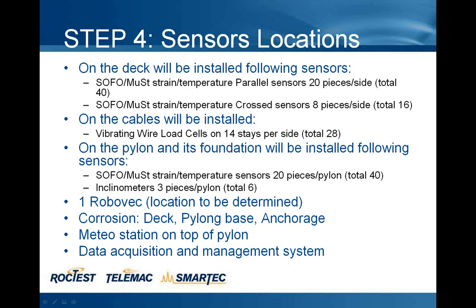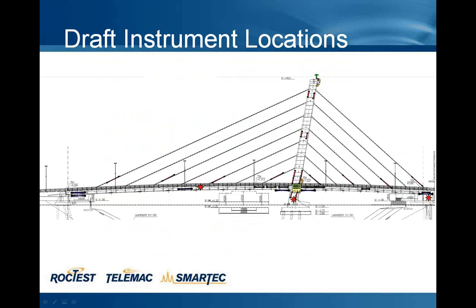In particular, we are also able to define where the sensors will be placed, how many of them, etc. So here's a list of sensor locations, where to place them, etc. And it's now possible to also show that plan on a schematic view of the bridge itself.